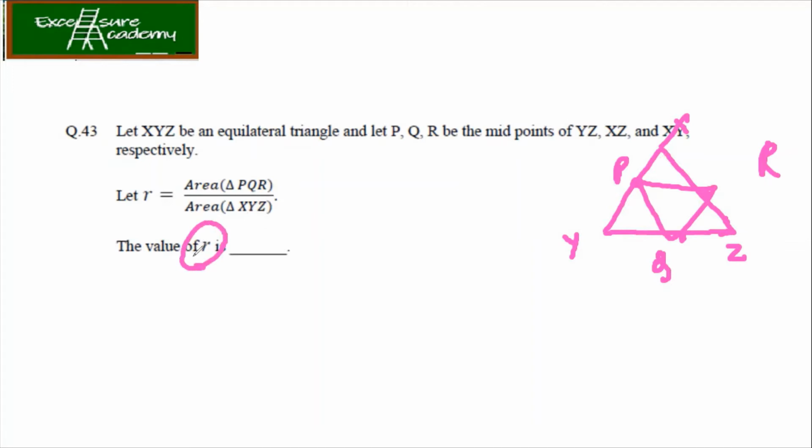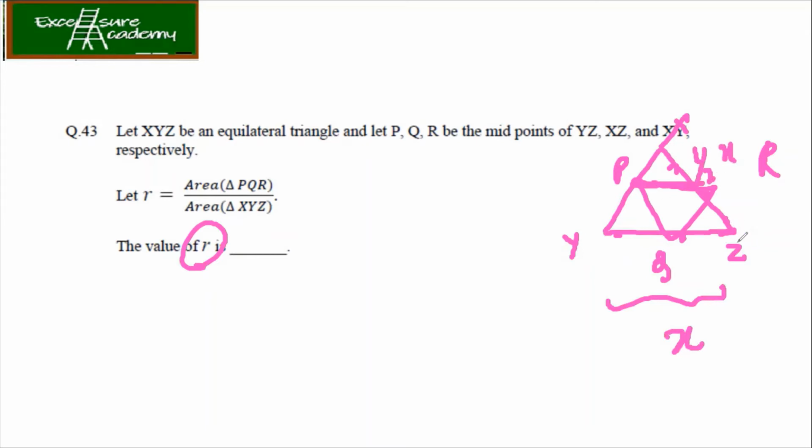Now how are we going to calculate? This value is going to be half of this value. If this value is X, then this value is going to be half of X, and similarly with the others also.